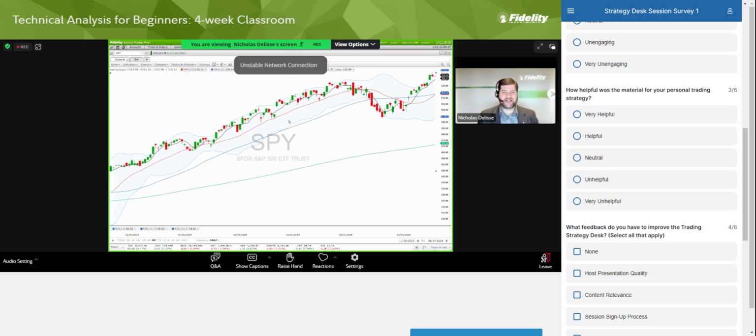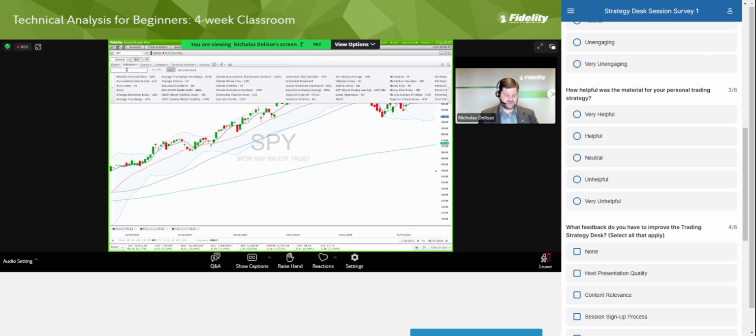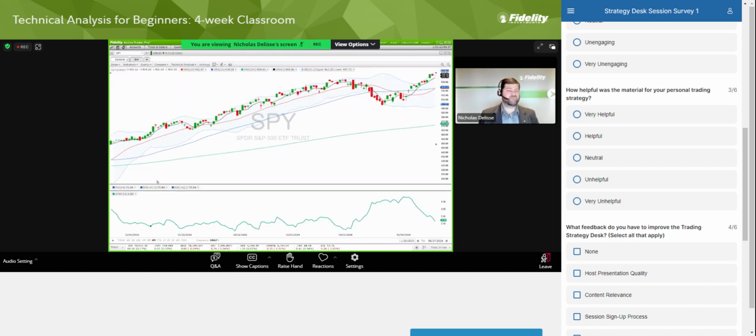And one last volatility-related indicator I want to mention, I want to talk about average true range, ATR. And we'll do it as a percent versus the raw. What average true range is showing us is, on average, how much a security moves throughout the day.